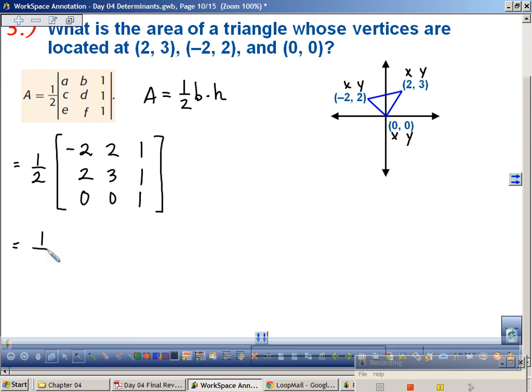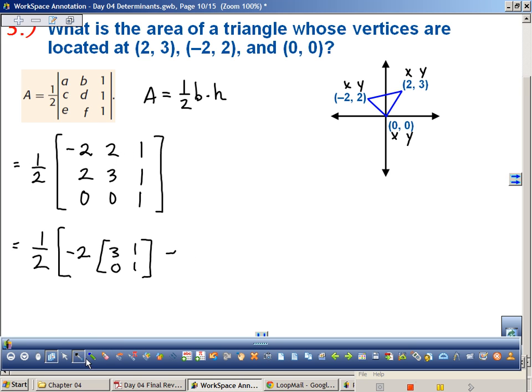So this would just be 1/2 of, okay, I'm going to do it like you guys would do it now. 1/2 of negative 2. I'm going to get up and use my fingers. Negative 2. Cancel that out, and I have a 3, 1, 0, 1. Okay? That's how I do it when I'm drawing it out on paper. Then I would have negative, what's the next one? This is a 2.